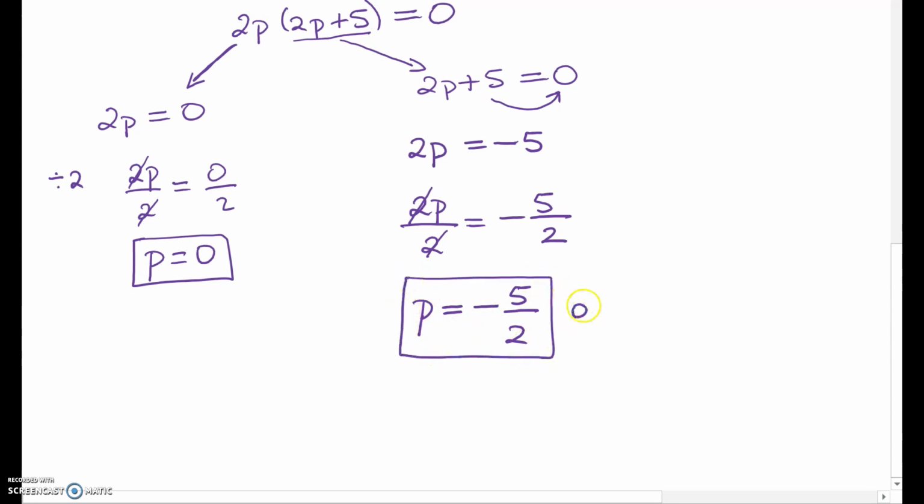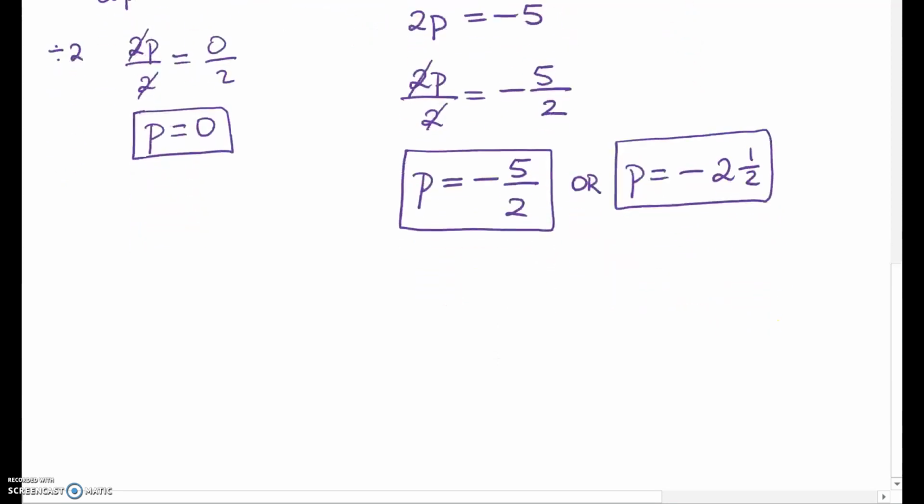But if you're somebody who prefers mixed numbers, you can have p equals minus 2.5. And if you're somebody with some sort of a peculiar dislike of fractions entirely, you can make it p equals negative 2.5. I guess those are the three most common ways of writing it.